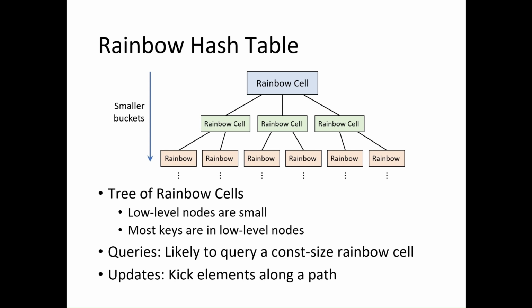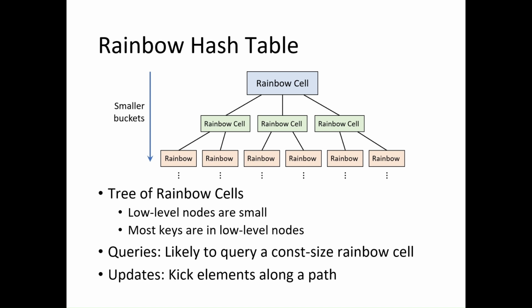But at the same time, the tree will be wider, such that there are a lot of nodes at the same level. So as a net effect, most of the keys will be stored in relatively low level nodes, where the rainbow cells are very small. When we query a key x, it is very likely that key x is staying in one of the very small rainbow cells, because most of the keys are. So even if the queries of rainbow cells are very slow with respect to the rainbow cell size, the rainbow cells are very small, so the queries take expected constant time.